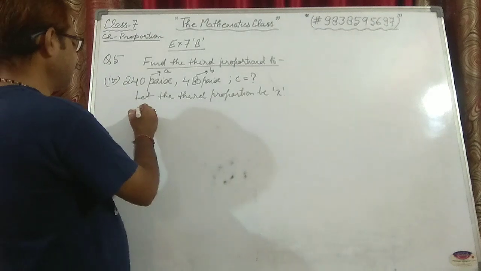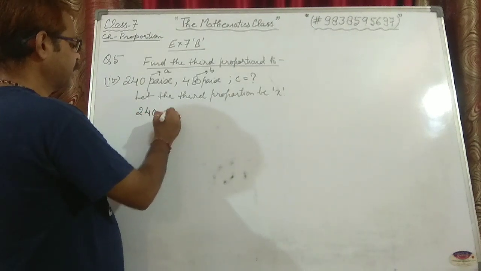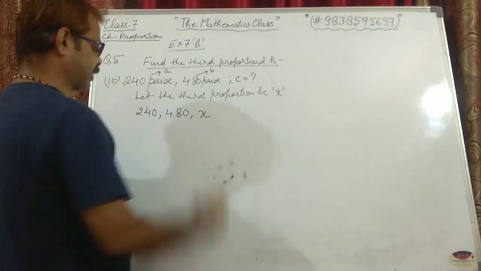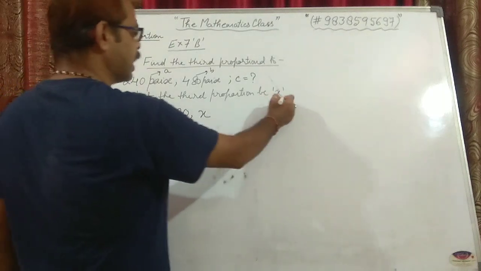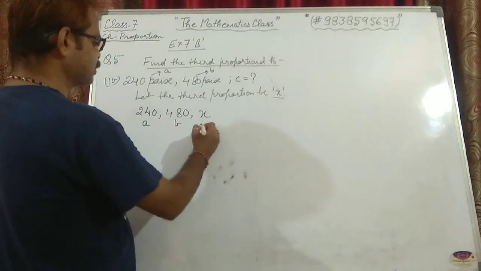So this can be said as 240 and 480 and then X. So this is A, this is B, this is C.